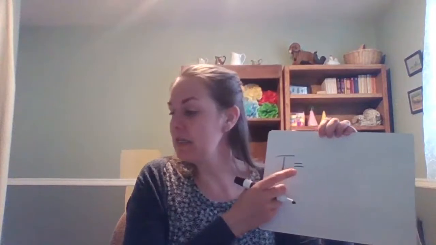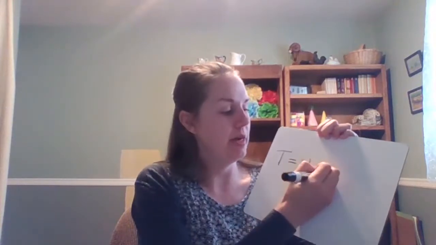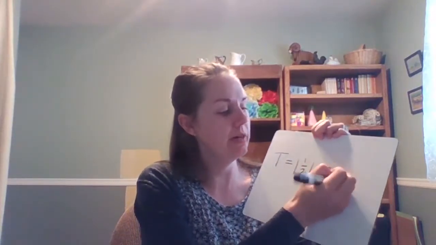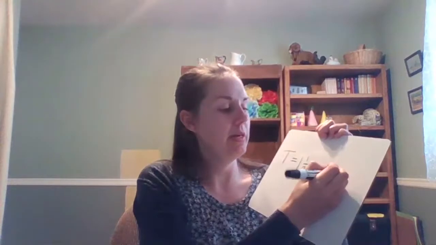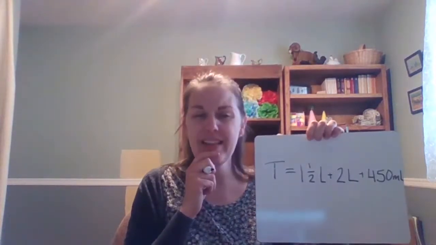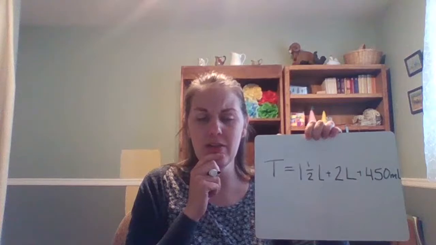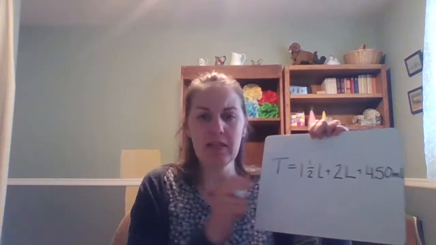So we have T is equal to 1 1/2 liters plus 2 liters plus 450 milliliters. Okay, and I think before I said that the abbreviation for liters is a lowercase l. I think it's actually an uppercase L. My bad.